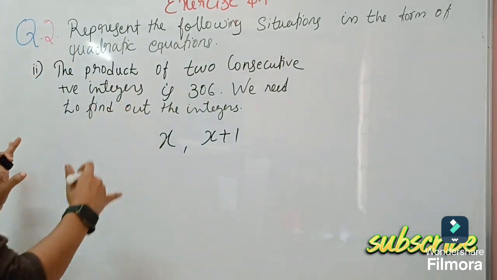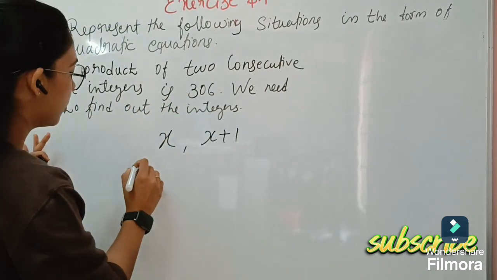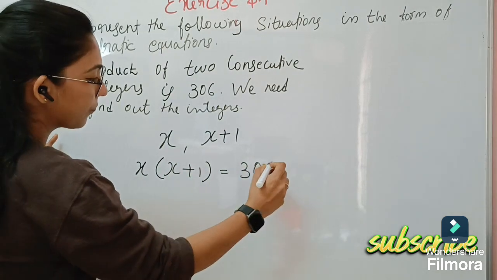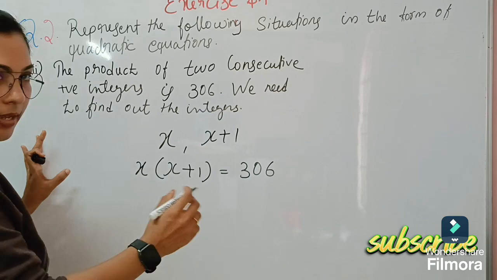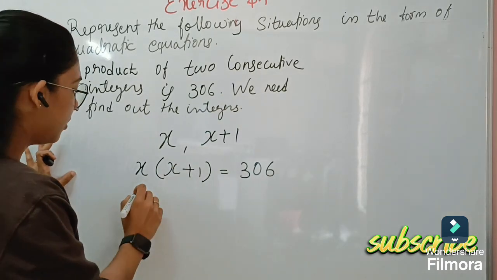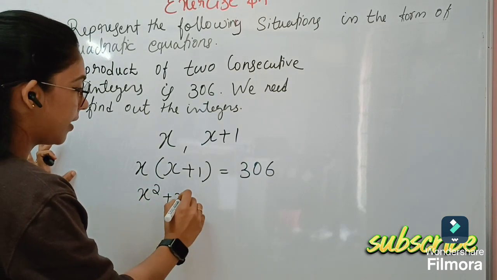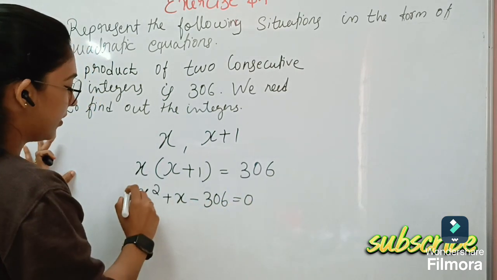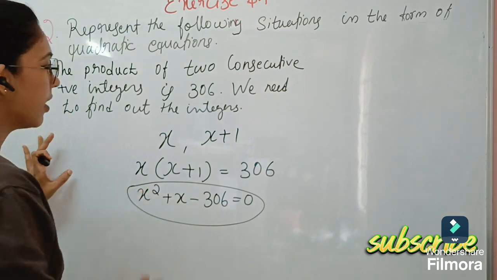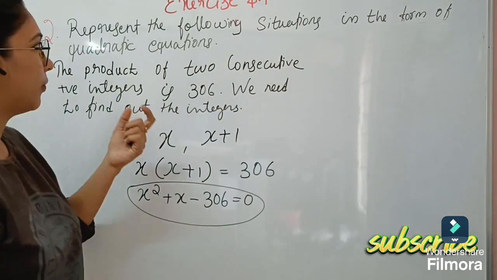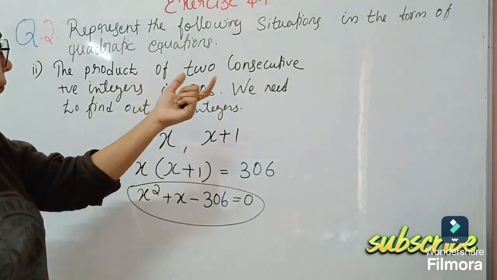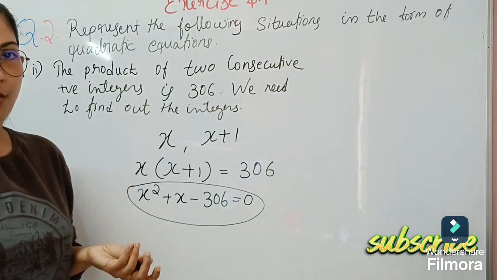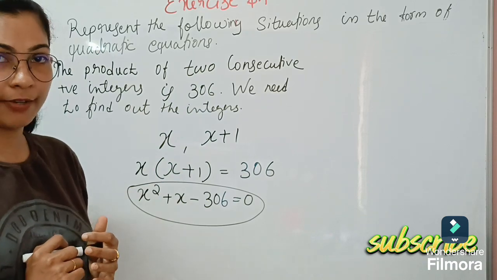Given that their product is 306, x times x plus 1 is equal to 306. Expanding, x square plus x minus 306 is equal to 0. So this is the quadratic equation for the product of two consecutive integers being 306. Hope it is clear for you.